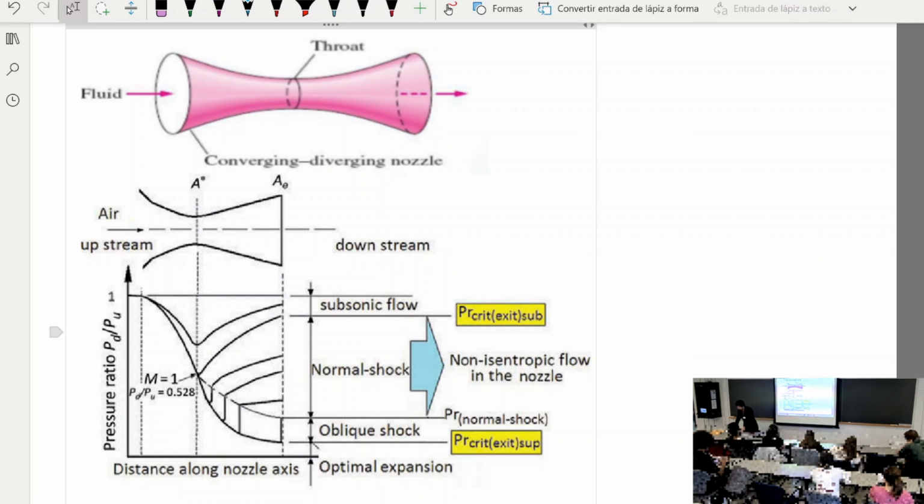Once you can compute the Mach number at the outlet, you can compute the mass flow per unit area at the outlet. From the pressure, you know the Mach number.